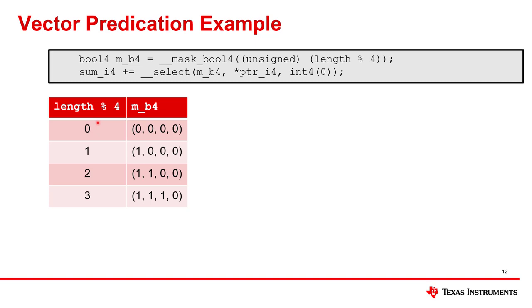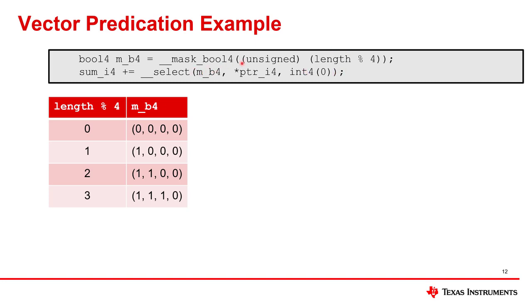Why is this useful? It's used as the mask in the select intrinsic, and this is the very same select intrinsic that was used in the previous example of vector comparison. So let's recall, each of these vectors has to be the same length, and all the elements correspond. So if there's a 0 here, it's going to get the value from there.